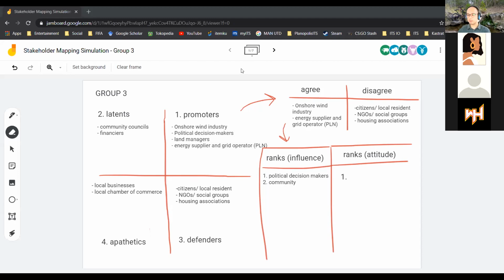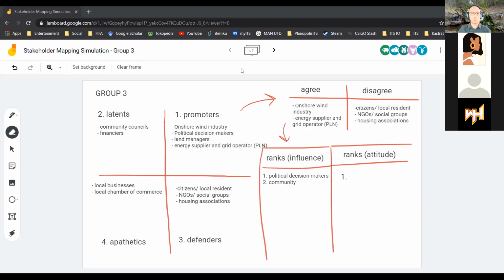The second one is the land managers. The land managers have high influence because they have the land, and they also have high interest because probably they are the ones that will sell or not sell the land to the government.